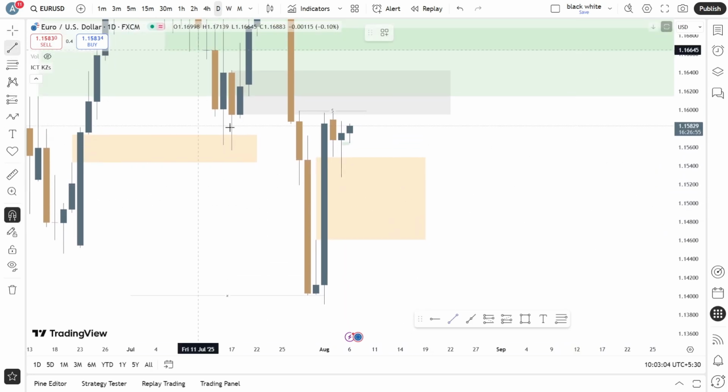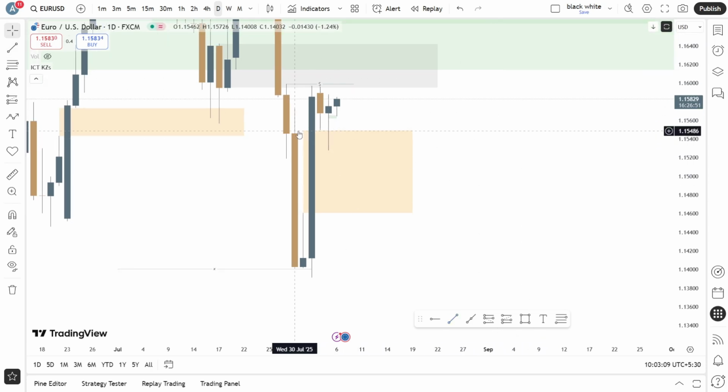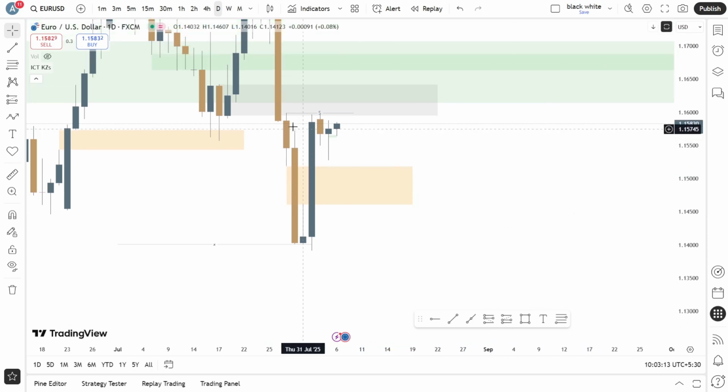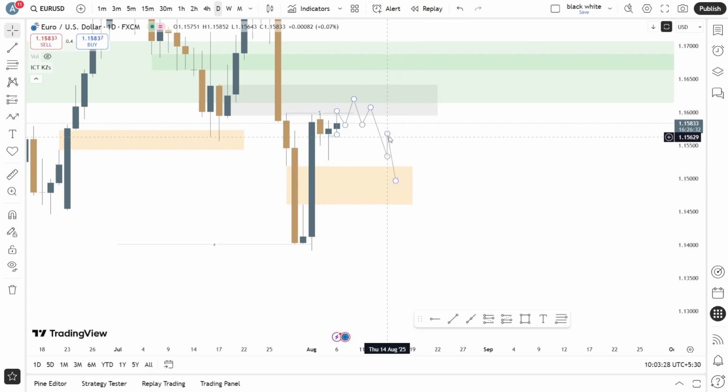We took the liquidity of the previous day, and apart from that, we are having this BPR, which is quite an extreme zone. But if the price has the intent of taking this resistance zone as resistance, most likely we are going to go up, take this liquidity, and then come down towards this particular BPR. That will be a matter to see, but right now we are having this as a strong low. Let's see how the price reacts to this particular level.